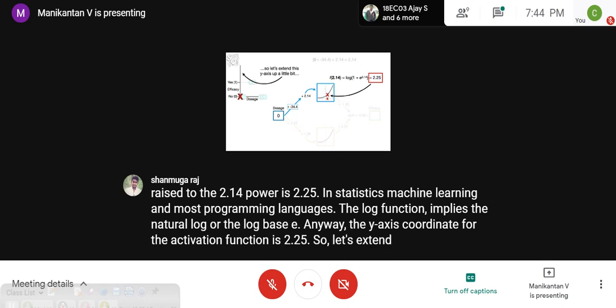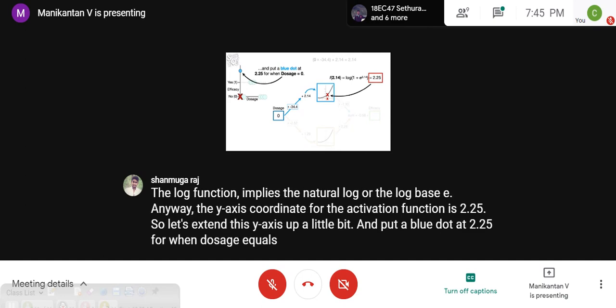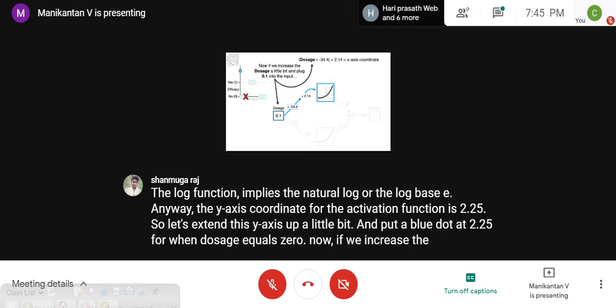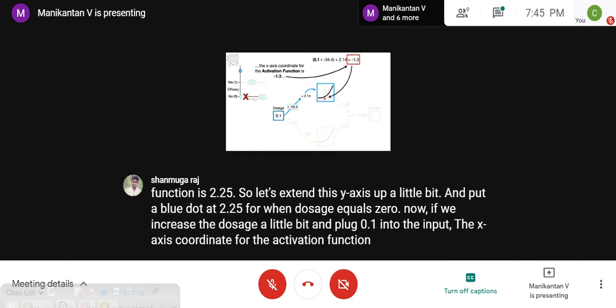So let's extend this y-axis up a little bit and put a blue dot at 2.25 for when dosage equals 0. Now, if we increase the dosage a little bit and plug 0.1 into the input, the x-axis coordinate for the activation function is -1.3.